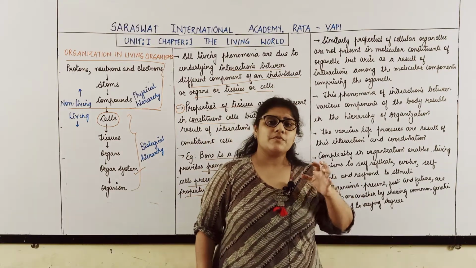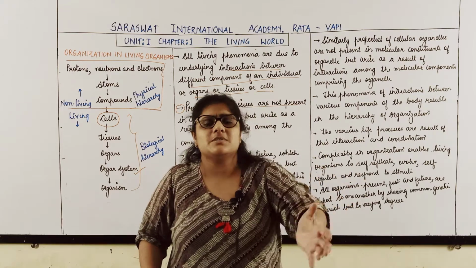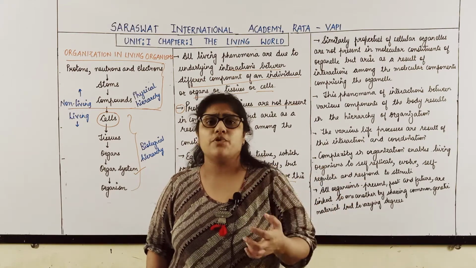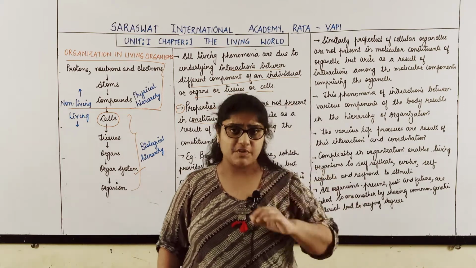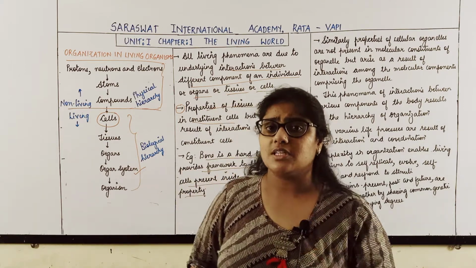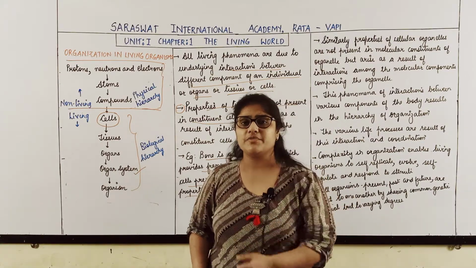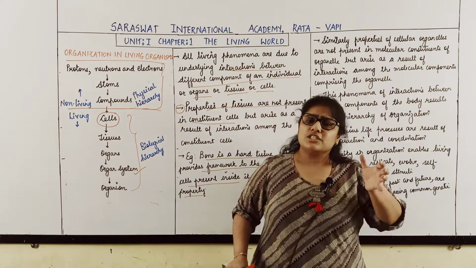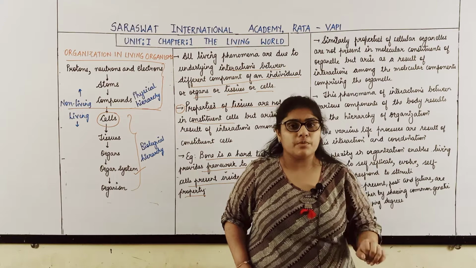The main function of the bone is to provide the framework to the body. Framework means it gives a shape and form to the body. Now students, this property of the bone, to provide the framework of the body, is not present in each and every cell of the bone.